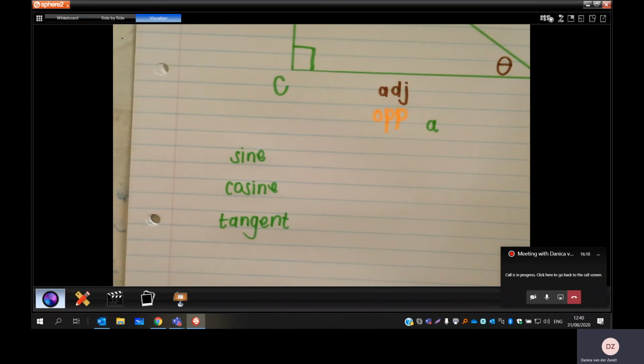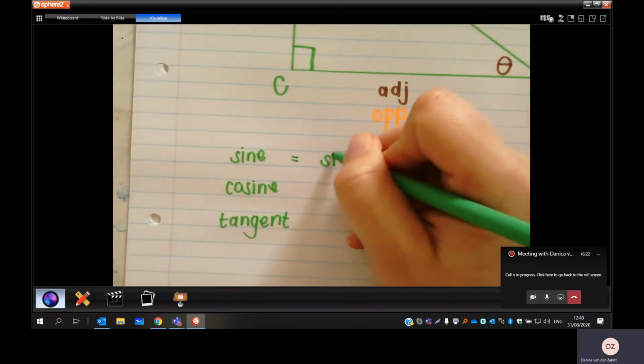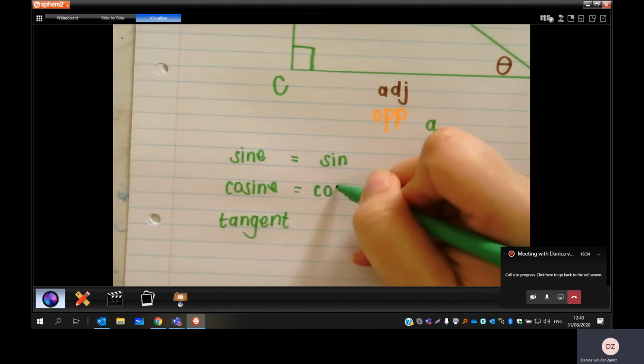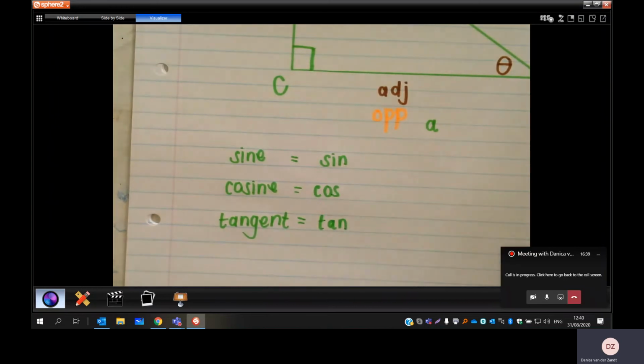So the sine function, we abbreviate to sine in terms of word, but it is sin in terms of writing. So some people say sin, it just feels weird for me, okay? Cosine, we abbreviate to cos, and tangent, we abbreviate to tan.